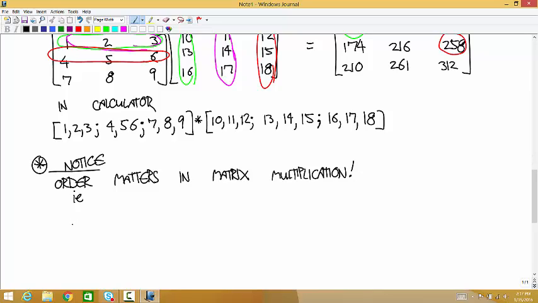In other words, AB is not equal to BA. And if you're not dealing with square matrices, then one of these could be possible and the other one would be impossible.